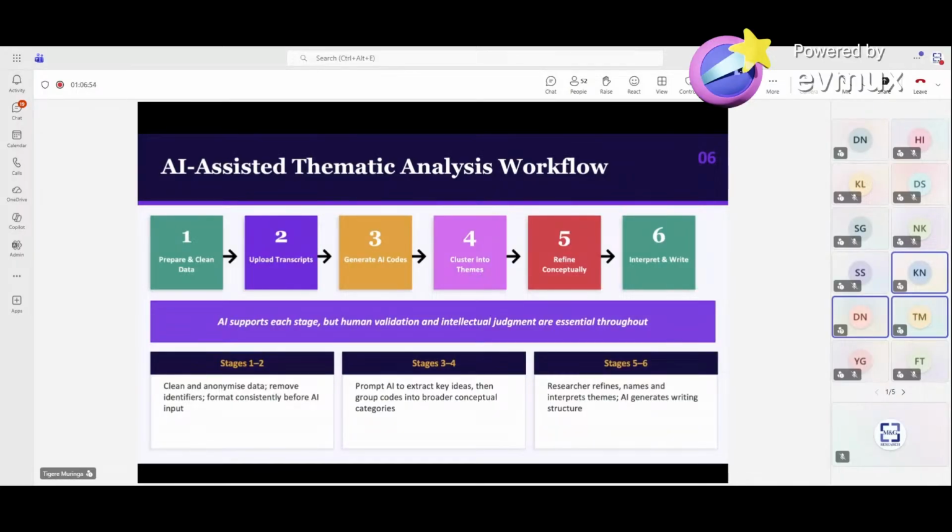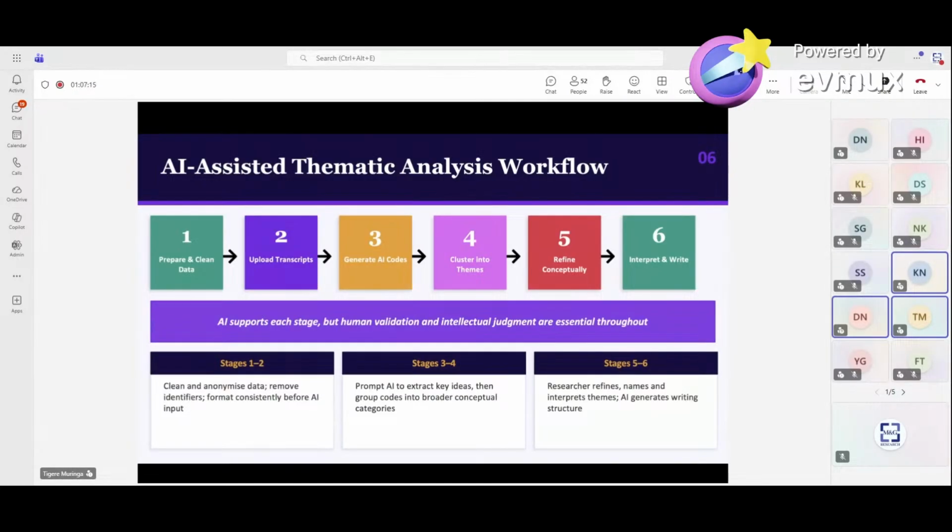But in your AI one, you need to begin by preparing and cleaning the data. You have your interviews, right? The first thing you need to do is clean and anonymize that data before you upload it.